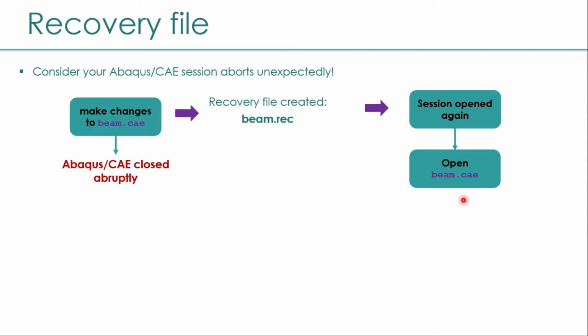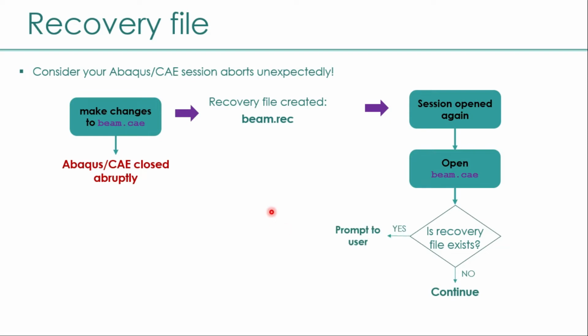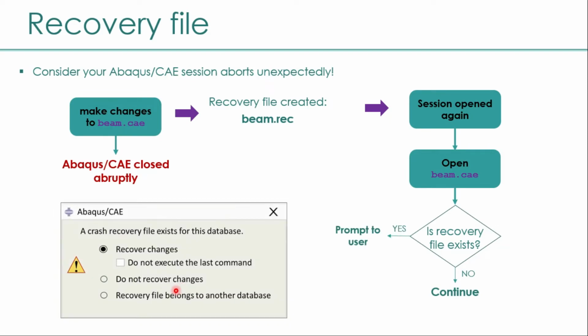At this point Abaqus checks for the recovery file, and if any recovery file is found, it will give the same error, and it will give you some options to choose from.